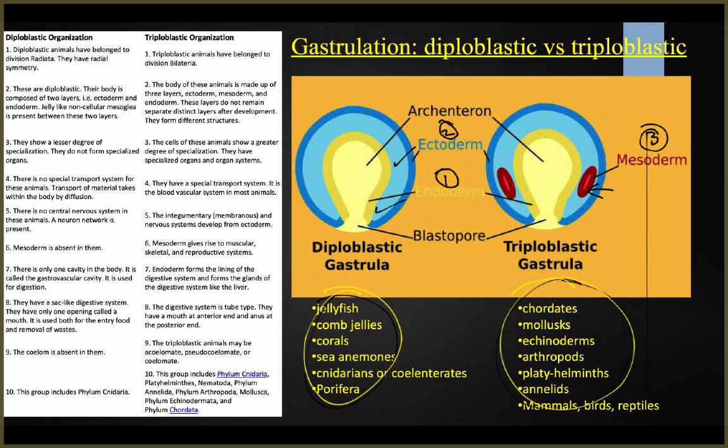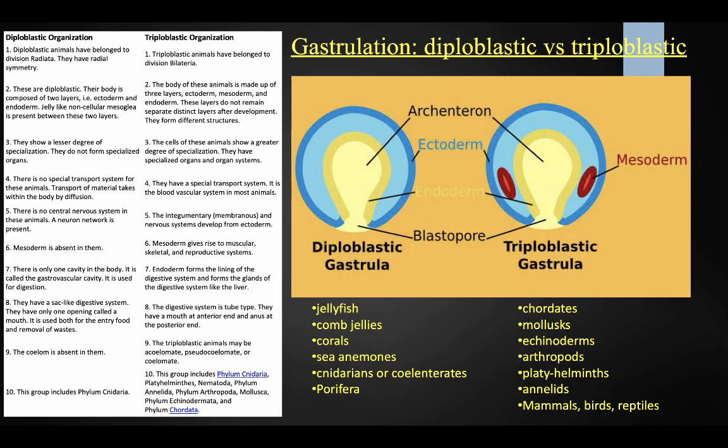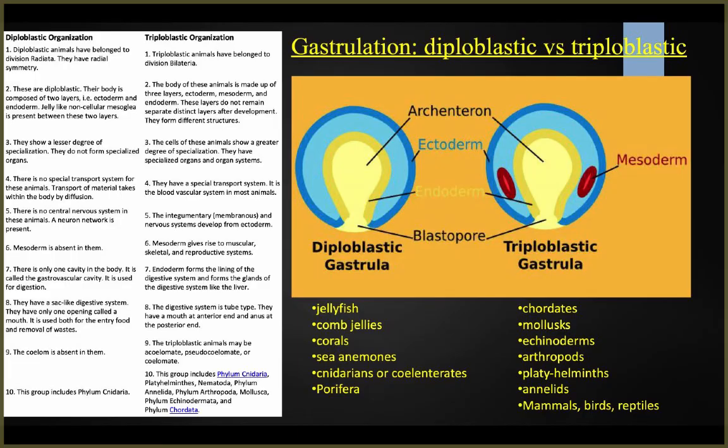Now, the organization of the two is pretty straightforward, and I think this does a really good job of telling what things are. If you have a diploblastic, it has radial symmetry. If it's triploblastic, it's bilateral.